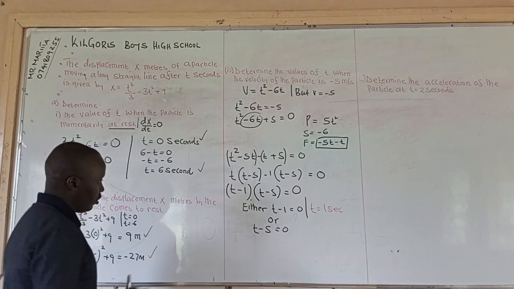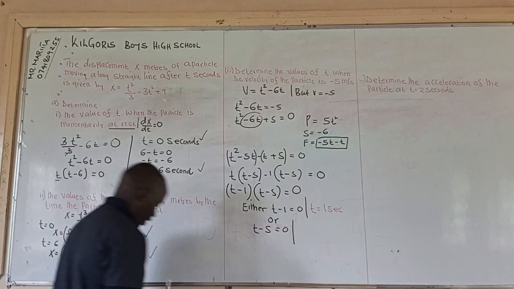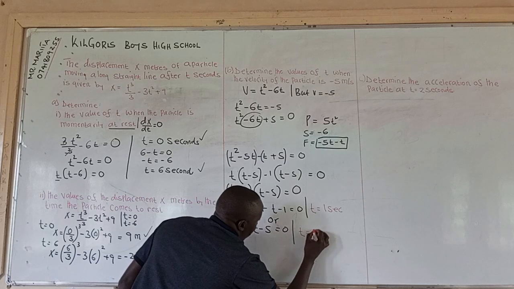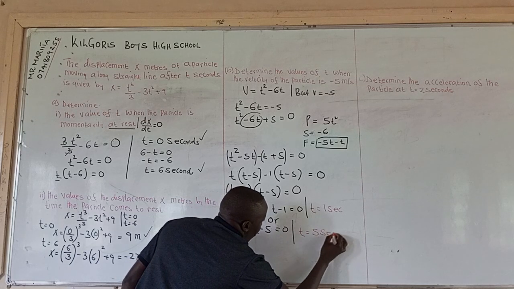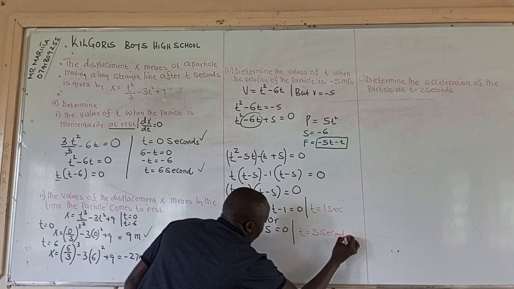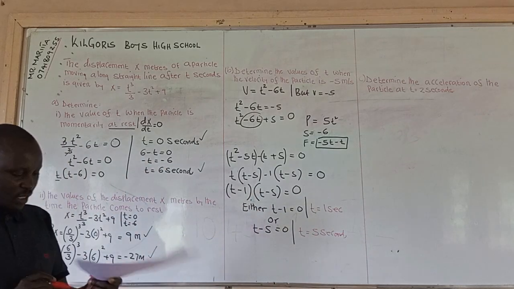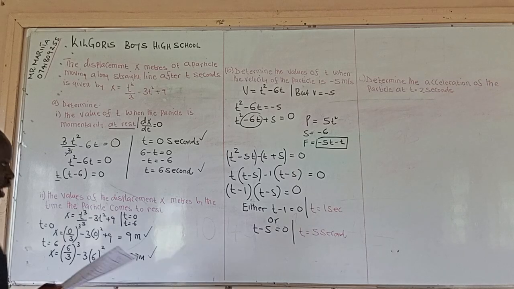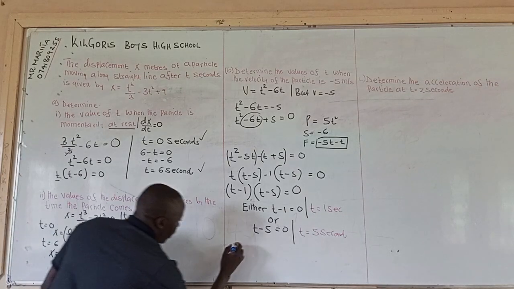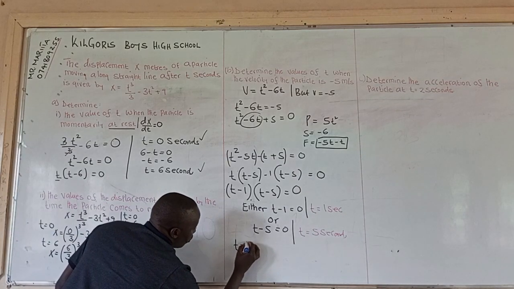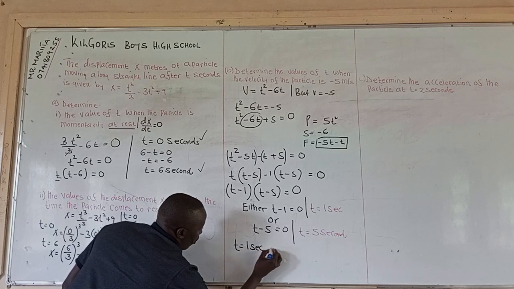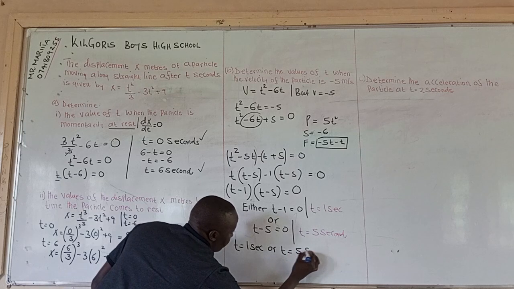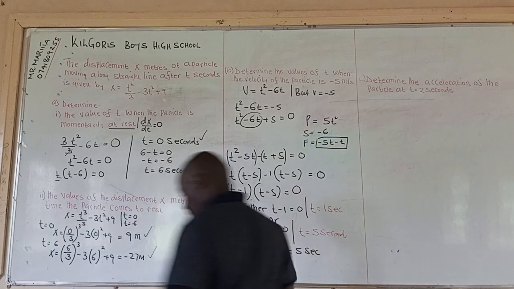So from there we can also conclude that the value of t is equivalent to 5 seconds. So the values of t, when the velocity of the particle is negative 5, are t equals 1 second, or t equals 5 seconds.